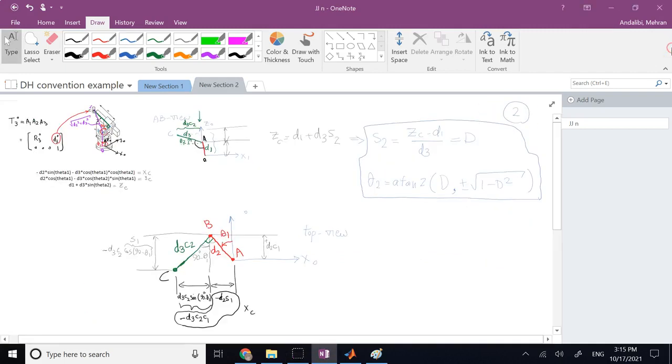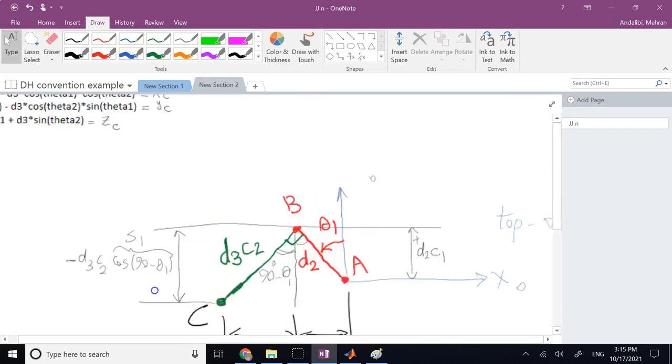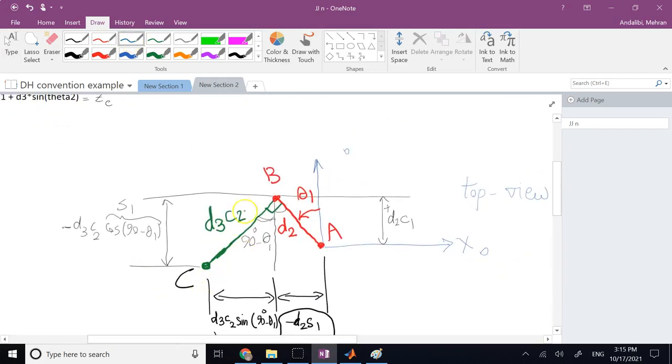And finally, if I go back, since now I have d3 and theta 2, I can easily go here and find the location of point B. Because I know point C exactly, and now I know d3 and cosine theta 2, I can draw a circle with center at C with radius d3 cosine theta 2, and that gives me one circle.